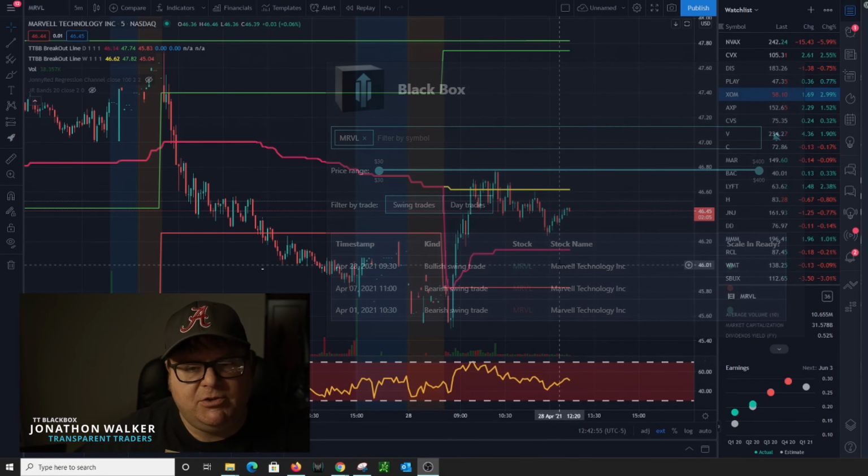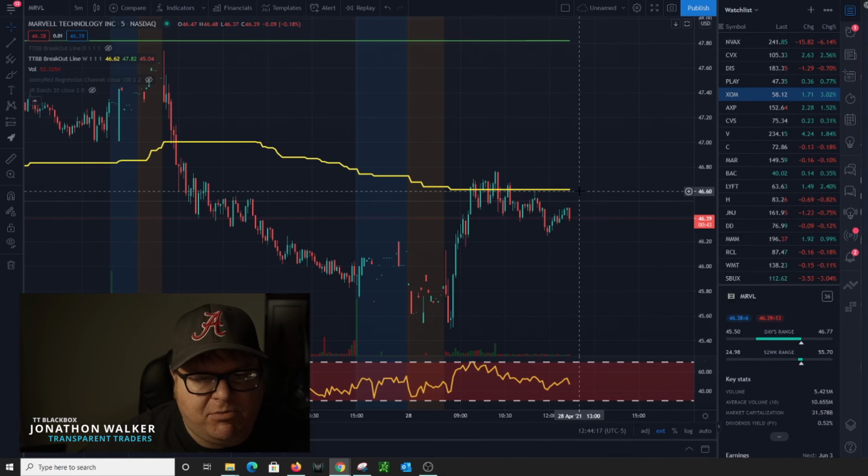At the end of the day, I would come in here and I would look and say, right here in this range, about 46.68, it tried to break this several times and couldn't, even went as high as 46.76, and it couldn't really break through it. So we're right here at this bar. I like to give myself a little bit of room. How I pick my entry for this is, one, I got the swing trade breakout line.